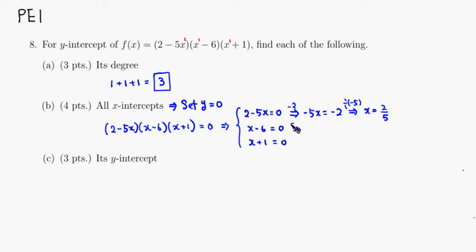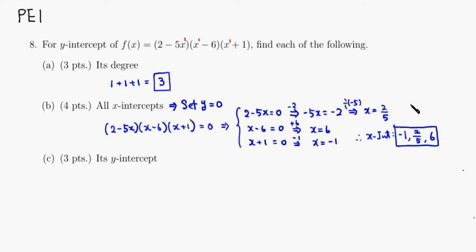We can just add 6 to both sides to get x equals 6. For this one, we get rid of the positive 1 by subtracting 1, so x is equal to negative 1. So the x-intercepts we're looking for, first the smallest one, negative 1, and the next one is 2/5, and 6. Those are the x-intercepts.